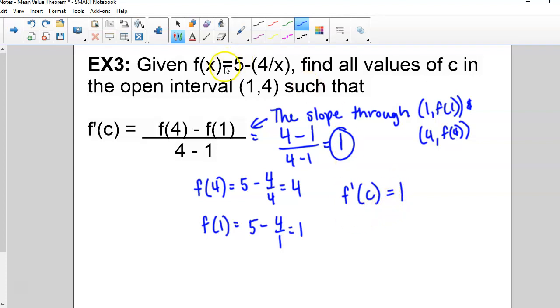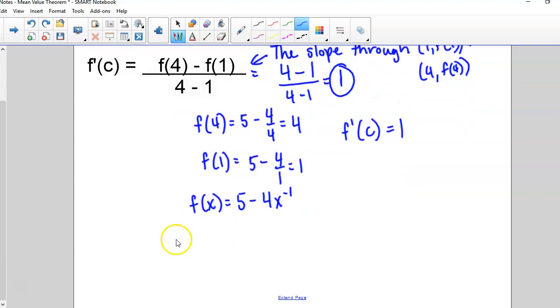So we first have to find f prime of x. So f of x, I'm going to go ahead and write it this way, 5 minus 4x to the negative 1 power instead of 4 over x. When I take the derivative of that, the derivative of 5 is 0.